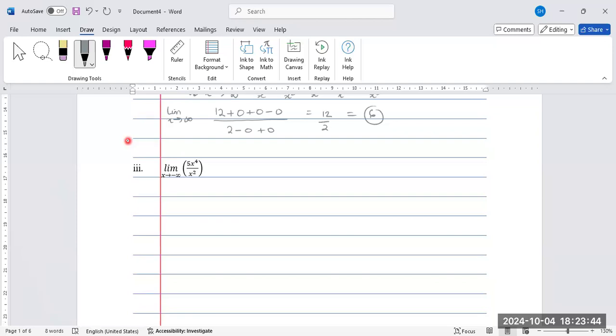Sir, I didn't get to number three yet, but at first glance, I would have said negative infinity over negative infinity too. But after what you just said, yes, that makes a lot more sense.